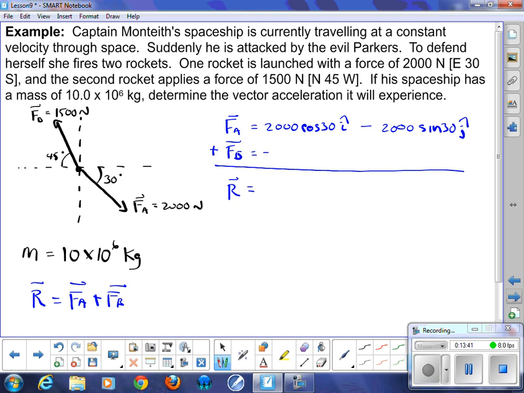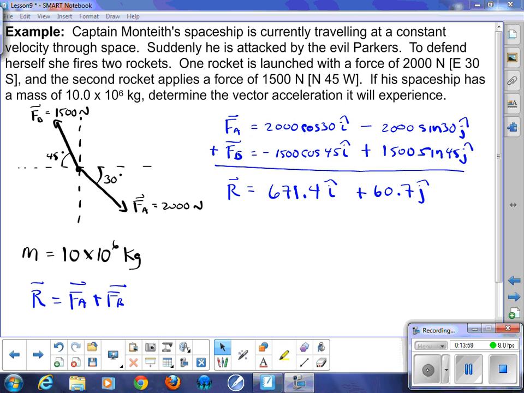Second one has a negative x component, that's the 1,500 cos 45 i, plus, because it is a positive y component, 1,500 sine 45 j. And now we can do our stacked addition. So we find that the resultant has 671.4 newtons in the i direction, 60.7 in the j direction.